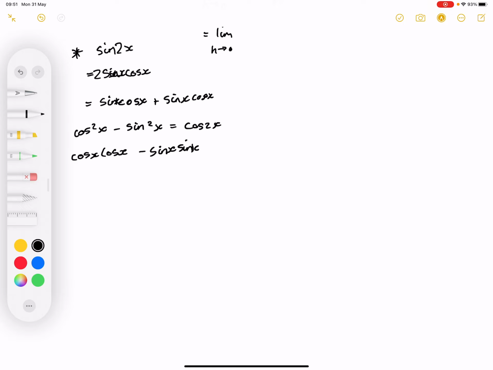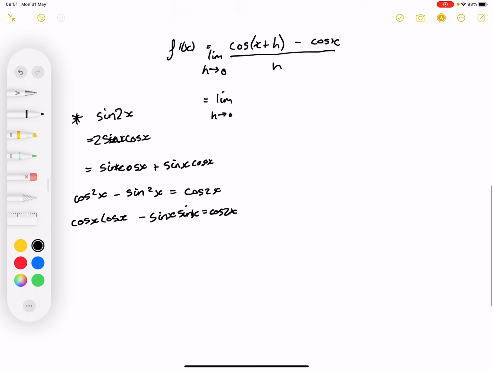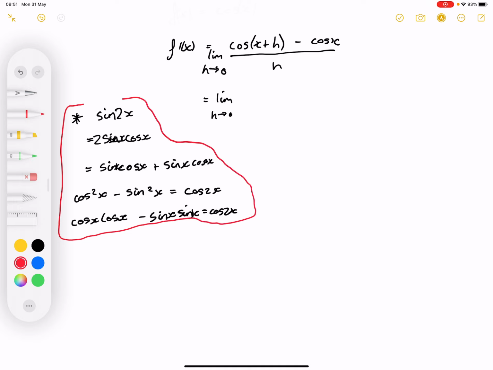And that's just how you remember the form, or at least how I've remembered it. I hope that helps. So that's my little note. I'm going to draw a little red box around it, being careful not to ruin any of the other work. Okay, so we're going to continue this over here.